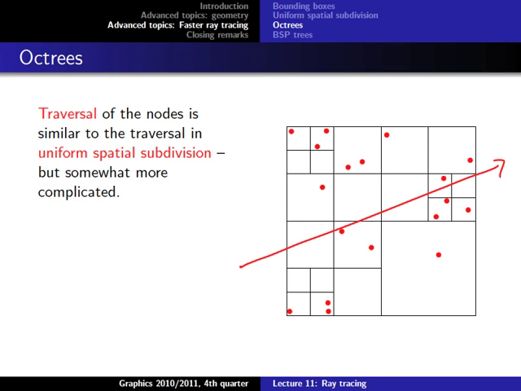We know we go to the left, to the right, or we go up, or if it goes directly through this intersection here, we go to the diagonally attached cell. But here we also have to decide, do we go to the upper or the lower cell? So it becomes a little more complex, but with the benefit of not having to do, for example, here 3 intersection tests if we would have split this as well.